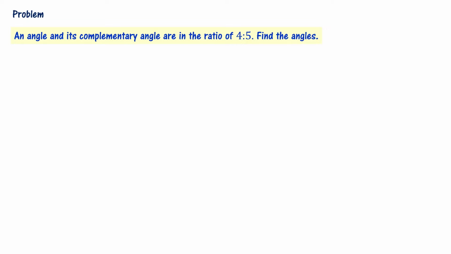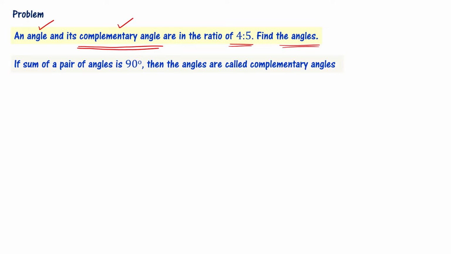An angle and its complementary angle are in the ratio of 4:5. Then we are asked to find the angles. ఏమని చెప్తున్నారు? An angle and its complementary angle are in the ratio of 4:5. ఓకే, రేషియో ఏమని ఇచ్చారు? 4:5 అని ఇచ్చారు. అండ్ ద కాంప్లిమెంటరీ యాంగిల్ గురించి we have to recall.